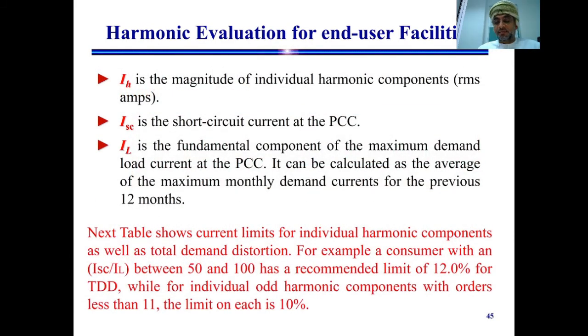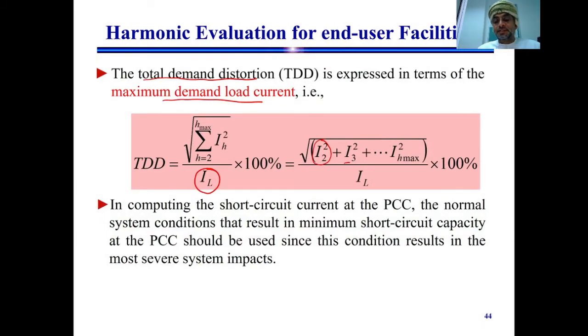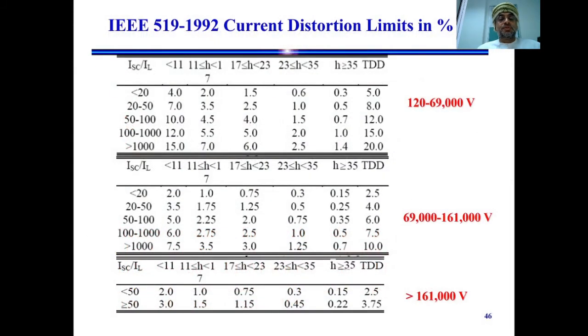Of course, there will also be a table, which is shown over here. This is again the IEEE standard 519-1992 for the current distortion limit in percentage of the maximum current, and again it depends on the voltage that we are working with, and on the ratio between the short circuit current and the maximum current that flows in the system.